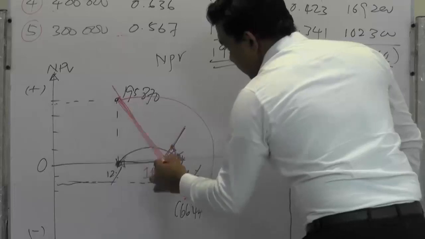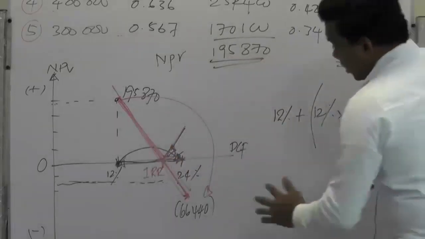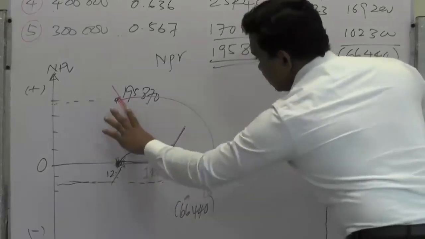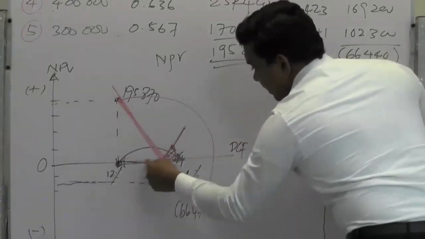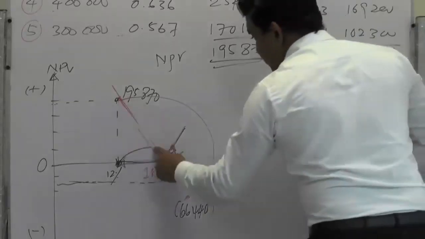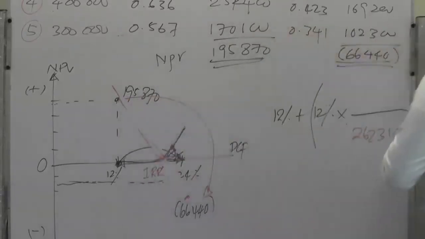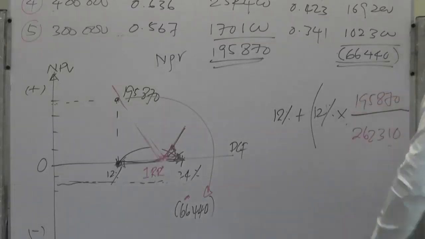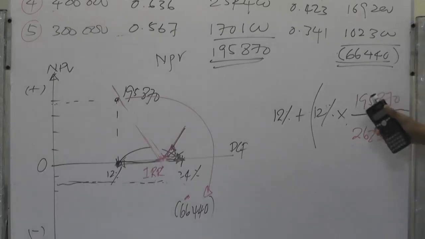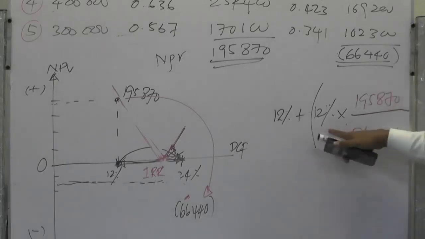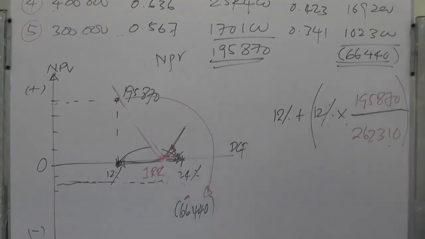We need up to this point. That means we need not consider this distance, we need to consider this distance. Why? When it comes to here, the rate becomes the IRR. Therefore, this distance is only 195,870. If 195,870 out of this much, how much out of the 12? That is the formula.